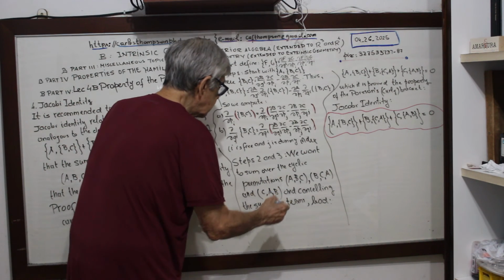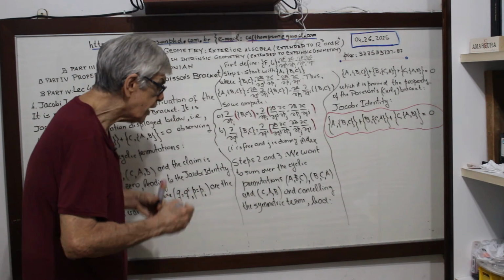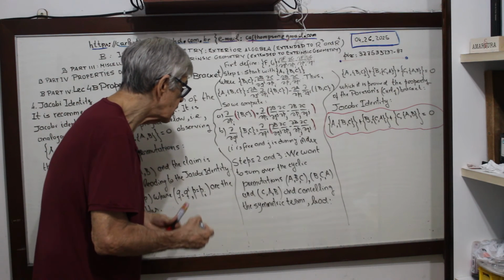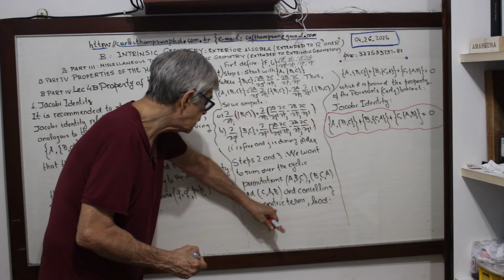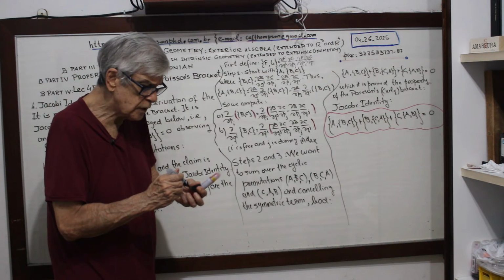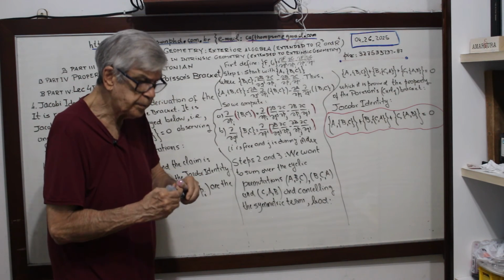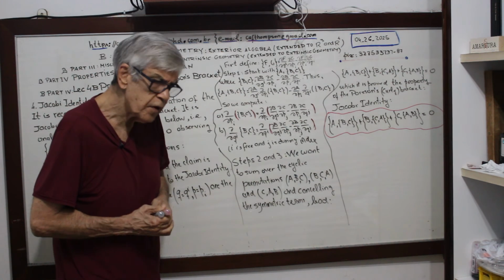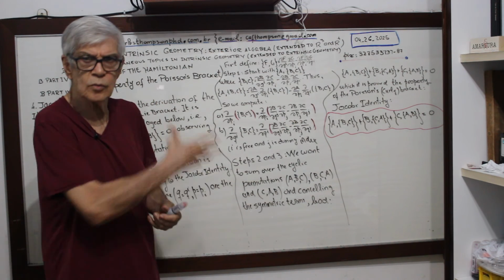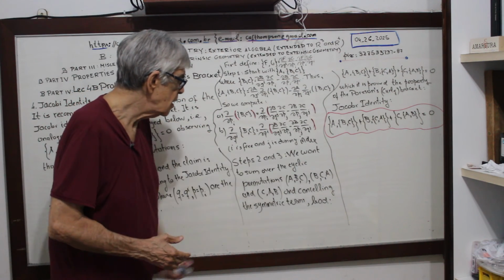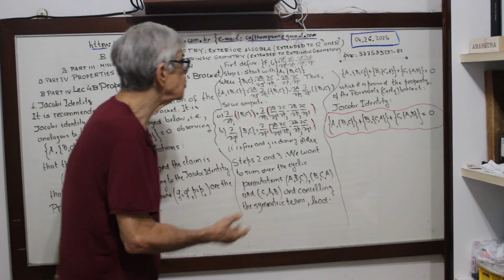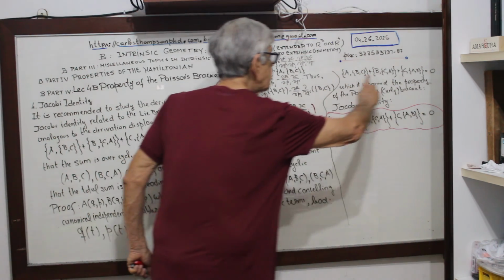And canceling adequately the symmetric terms, exactly as we did on the Lie bracket, the derivation of the Jacobi identity for the Lie bracket, which you already did. It's the same. The cancellation is analogous. Then this leads to the Jacobi identity.